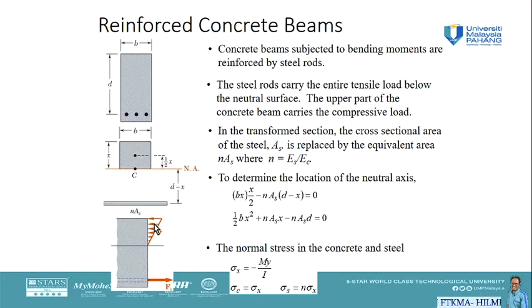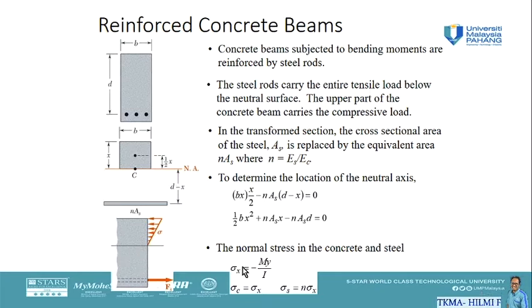The concrete part above the neutral axis will carry the compressive stress, with a linear distribution, and there will be no stress carried in this region below, and then we have the steel rods, which carry all the tensile load below the neutral axis.